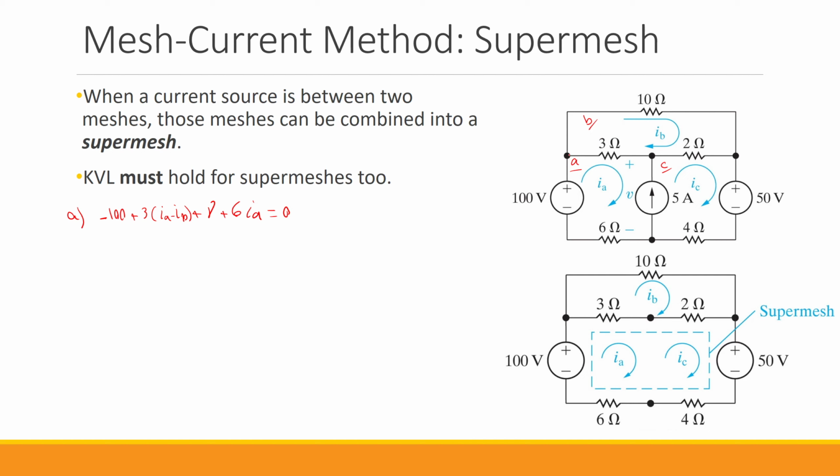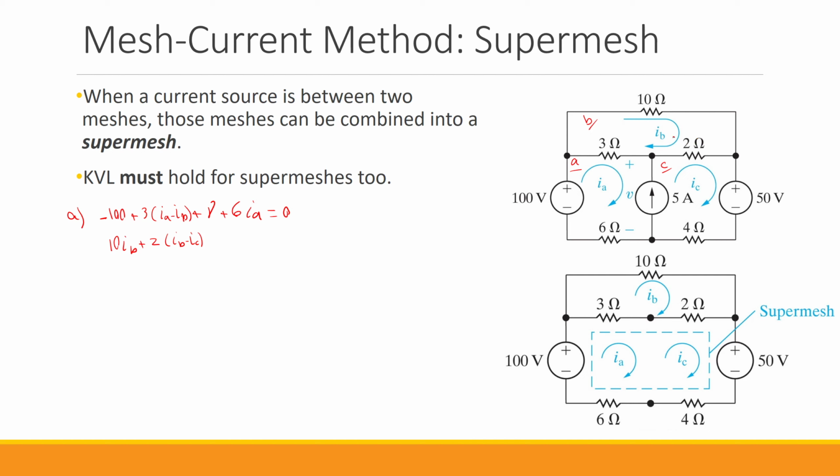What is the KVL for mesh B? If I start from this point, we have 10 IB plus this 2 ohm, we have 2 multiplied by IB minus IC. Again, the net current that goes through this 2 ohm in the direction of IB.